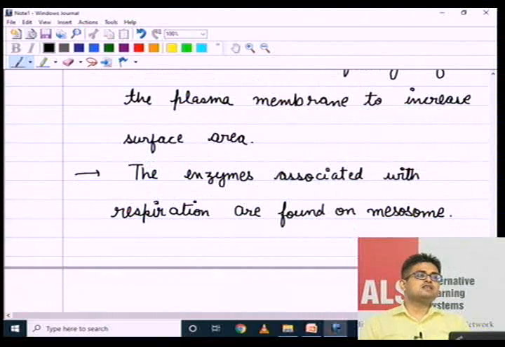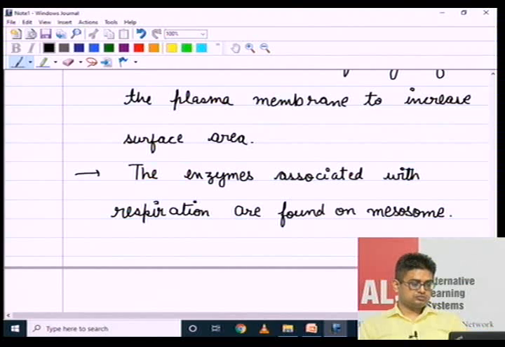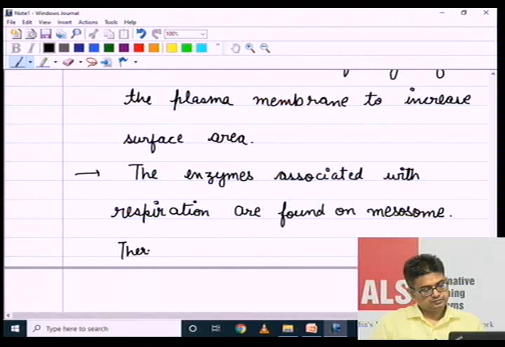So this means that it could be a precursor of mitochondria, or it's equivalent to mitochondria. Therefore, it is considered to be equivalent of mitochondria in prokaryotes.